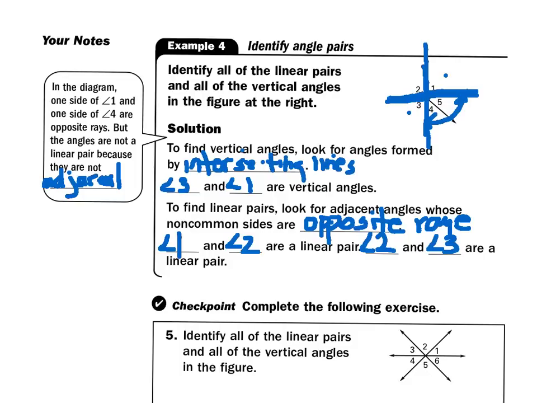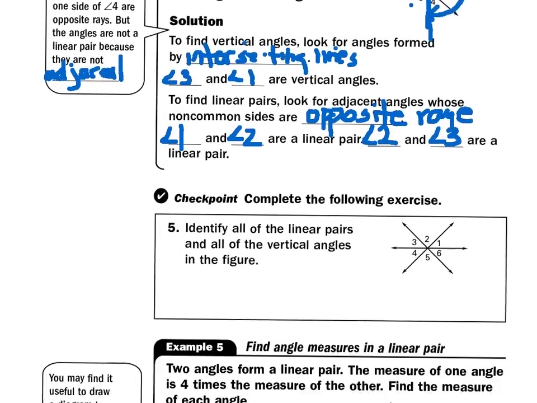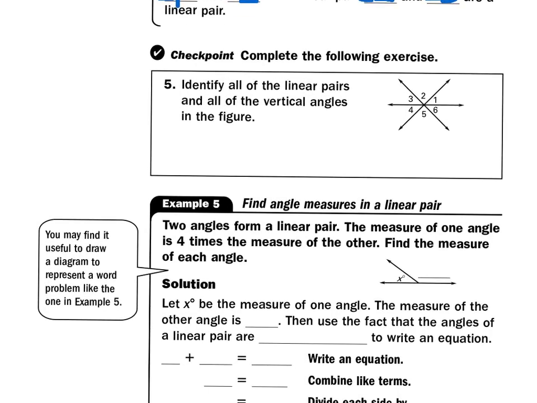Okay, checkpoint. I'm going to go ahead and look at that checkpoint with you because there's a tricky thing in here. Identify all the linear pairs. Now, in here, are there any 2 angles that are adjacent that make 180 degrees? No. It takes 3 angles out of any of these to make 180, like 1, 2, 3.